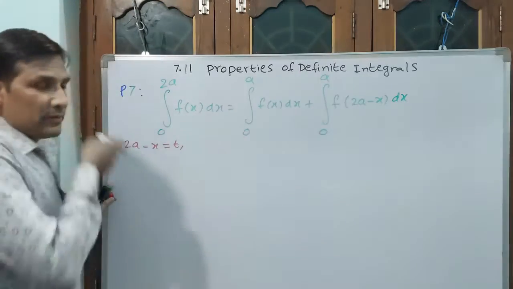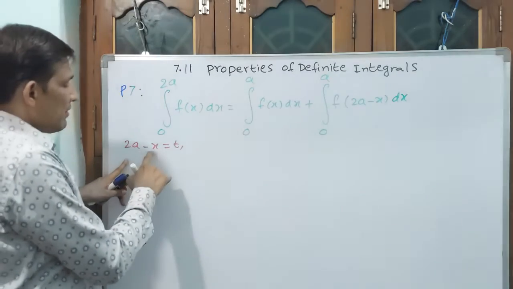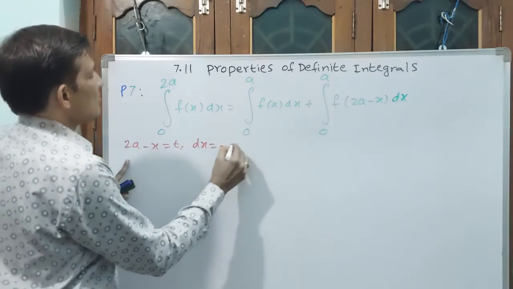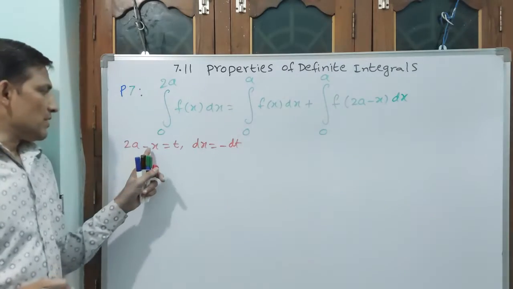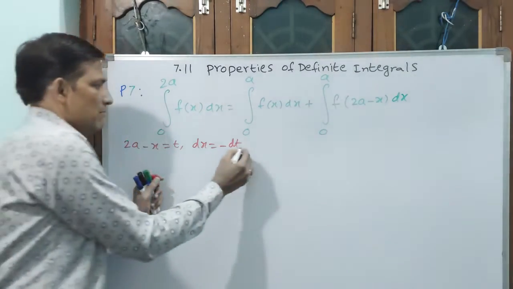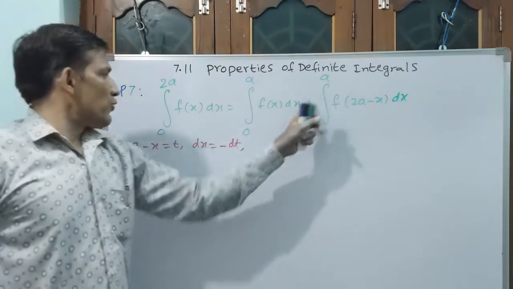See what will happen. Then dx is equal to minus dt. Both sides if you differentiate, minus 1 it is going to become. Here you are going to write t, and dx you are going to write minus dt.